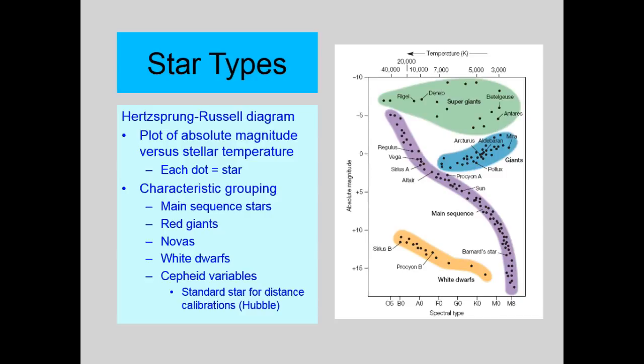Remember the brightest is up here, and the dimmest down here. That's how you do this. Plot the absolute magnitude versus the stellar temperature. Now here the temperature is lowest here, hottest here, sort of backwards, how they do it. These are the really, really hot stars here, the coolest ones down here. Okay?